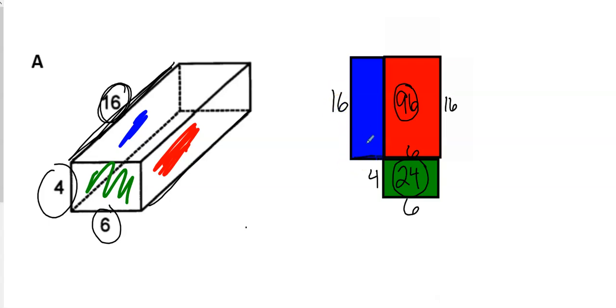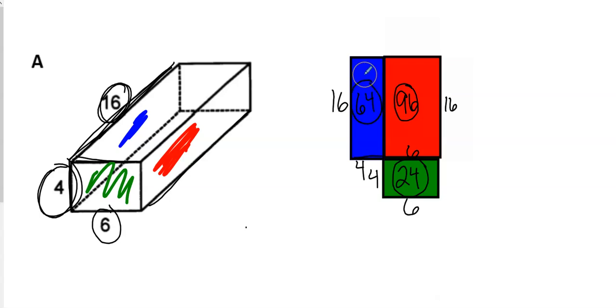And then the shorter side here is going to be 4. So we have another 4 there. So we're going to multiply 16 times 4, and that's 64.